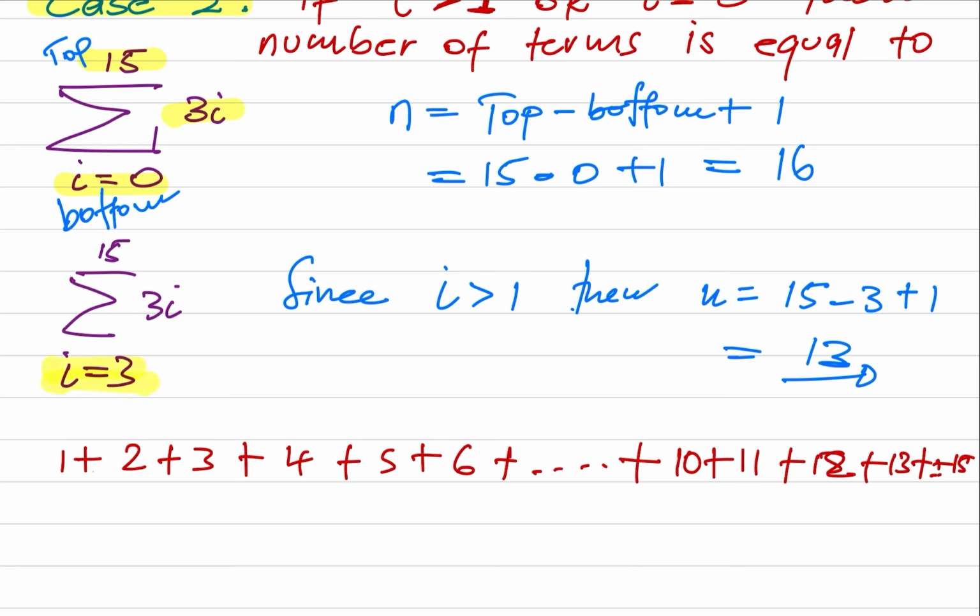Our position is 3, meaning we will start from position 3. So if you start from position 3, we exclude these terms. Now how many terms do we have? We minus 2 terms. If you minus 2 terms from 15 terms, we will have 13 terms. So this is what we mean by this. I hope you understand what we mean by that.